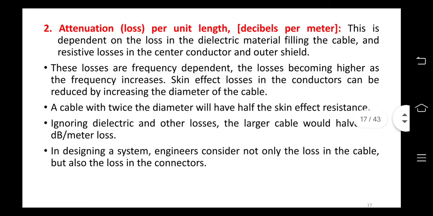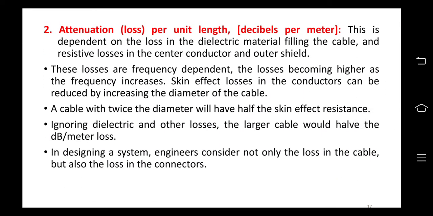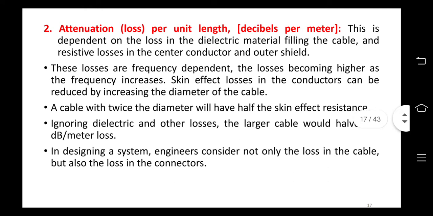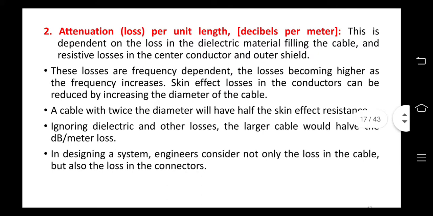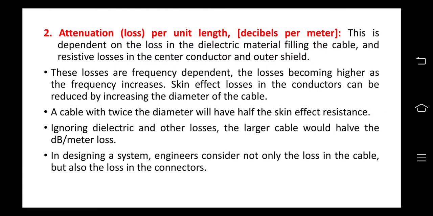Next is attenuation loss, units decibels per meter. This is dependent on the loss in the dielectric material filling the cable and resistive losses in the center conductor and outer shield. These losses are frequency dependent, and the losses become higher as the frequency increases. Skin effect losses in the conductors can be reduced by increasing the diameter of the cable.